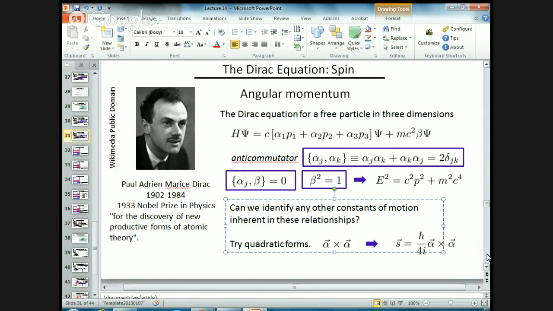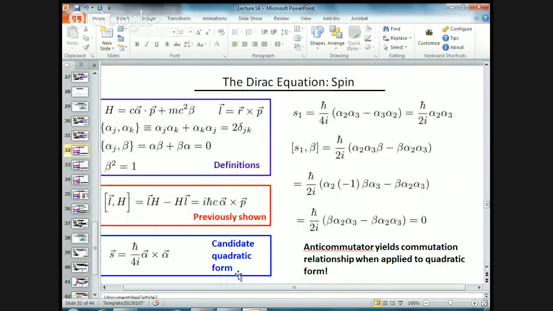So let's see. Here we are. Here's the Dirac equation, in 3 dimensions again. These are just the basic definitions: the Hamiltonian, the angular momentum, and then the results that give the anti-commutation relations. Here's this commutator of L with H. And now the candidate quadratic form.